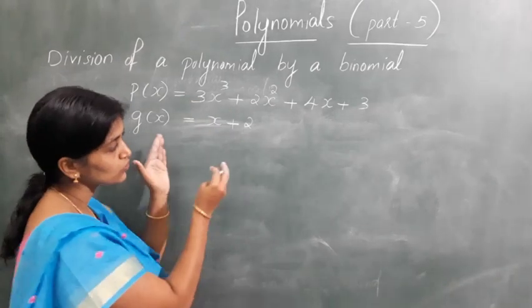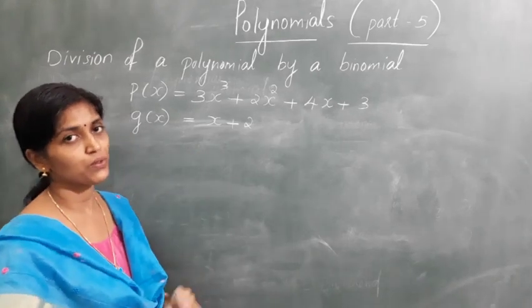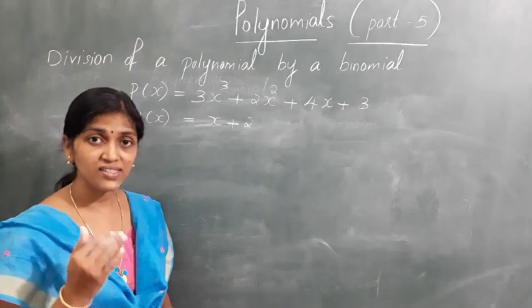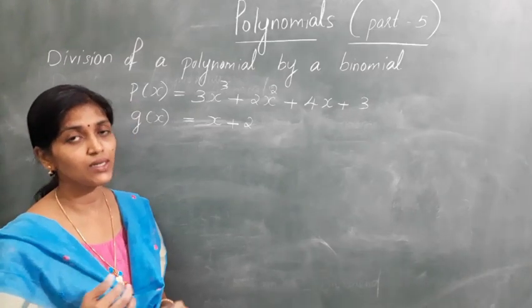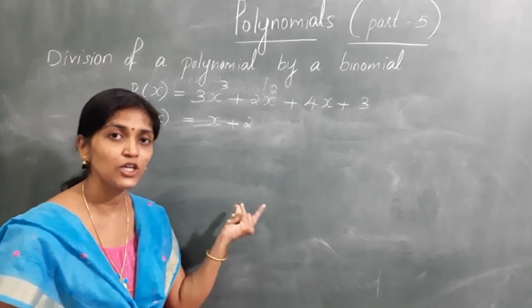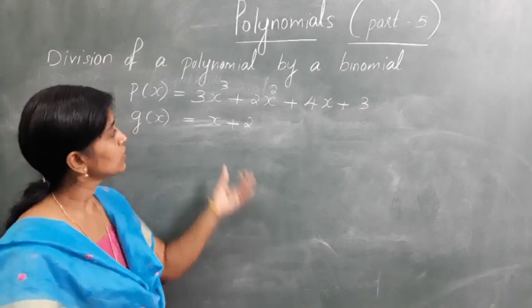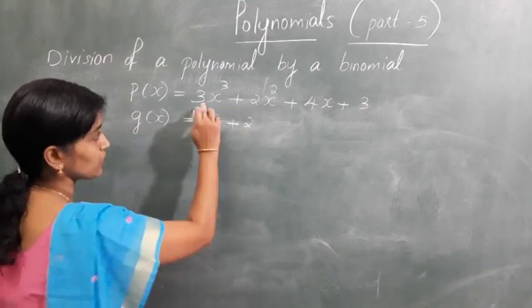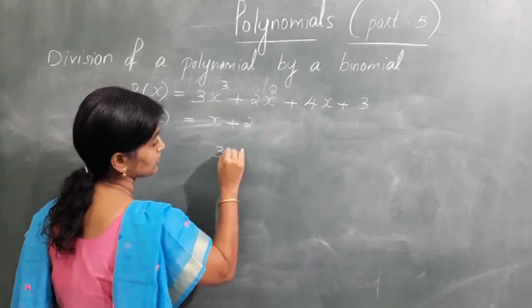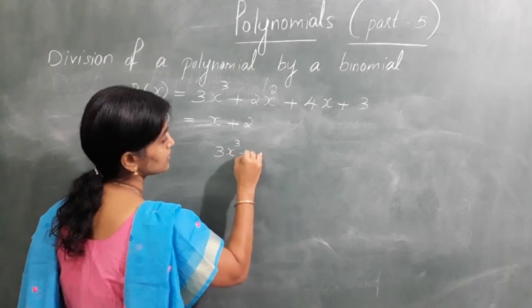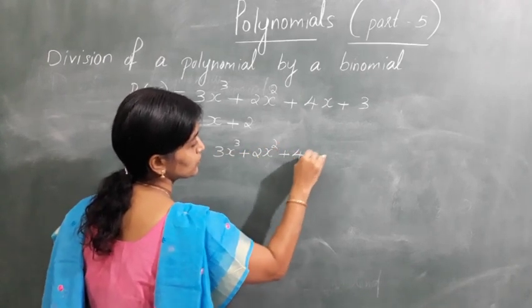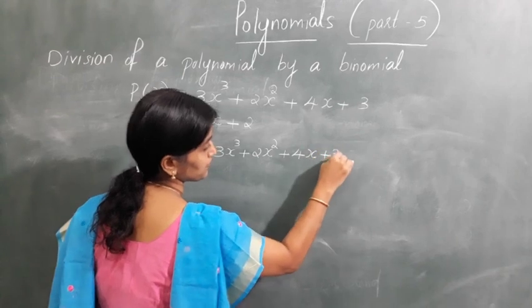So we are going to use our usual process of division here, and we do it step by step. Listen to me properly, then it will be clear to you. Okay. So as usual we are going to write, this is our dividend: 3x cubed plus 2x square plus 4x plus 3.